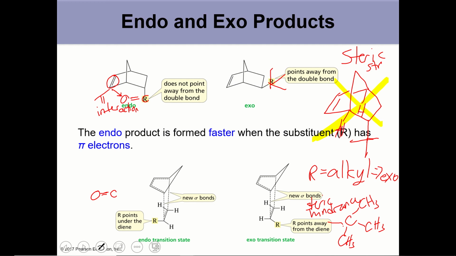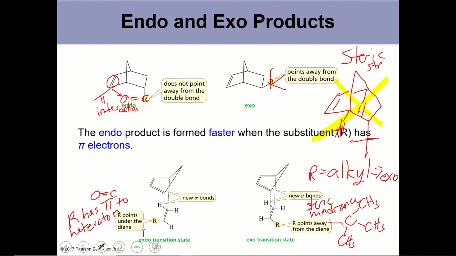So usually we only get endo if R has pi bonds to heteroatoms. For example, like for cyanide or such.